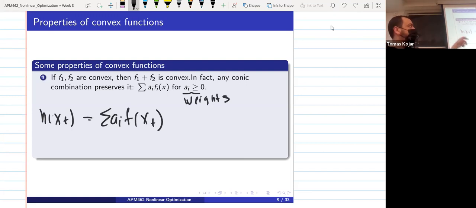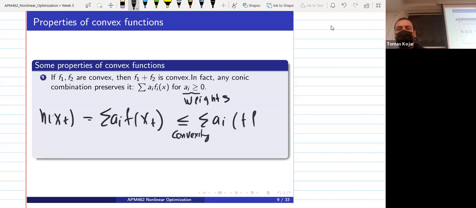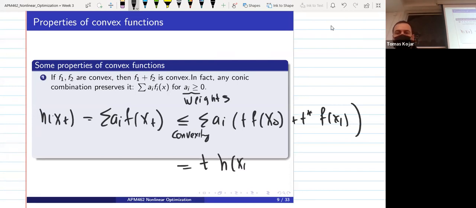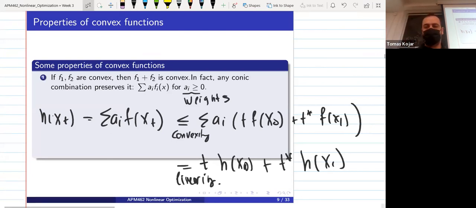So then, okay, you have this, and by convexity of each one, this is less than ai times t f of x0 plus t star f of x1, okay? And then you use linearity. Okay, good, easy.